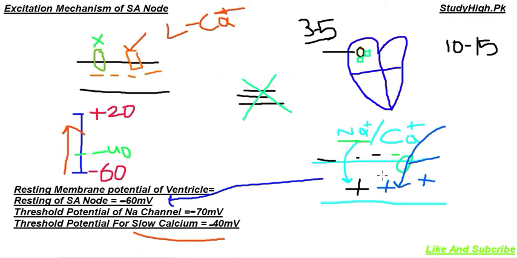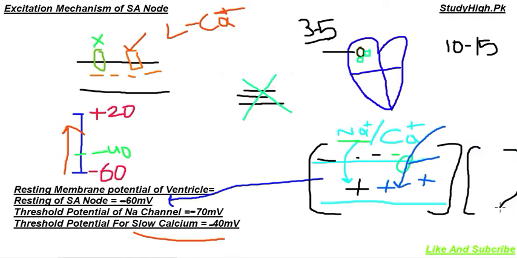Now the inside of the cytoplasm of this cell, which is a cell of the SA node, becomes more positive, and it is connected through the intercalated disc to the neighboring atrial muscle cell.